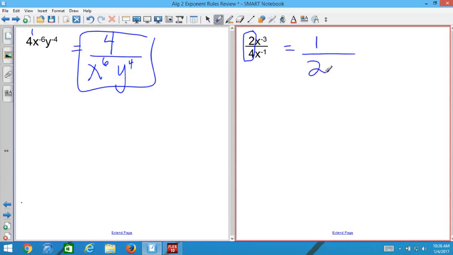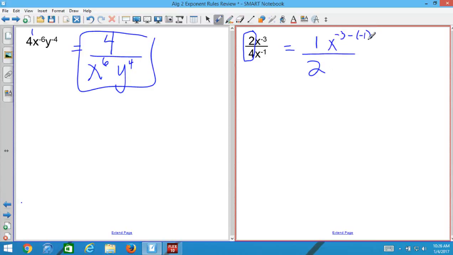And then this is confusing. So I'm just going to think about the rules. You don't need the 1 though, because anything times 1 is itself. Okay, so I didn't have to write it. I'm going to do x to the -3 and subtract -1.